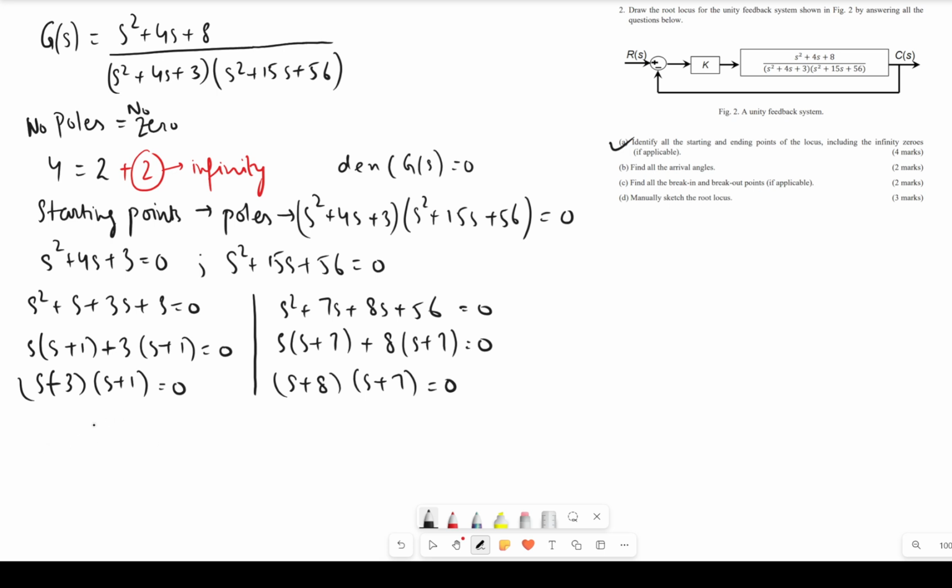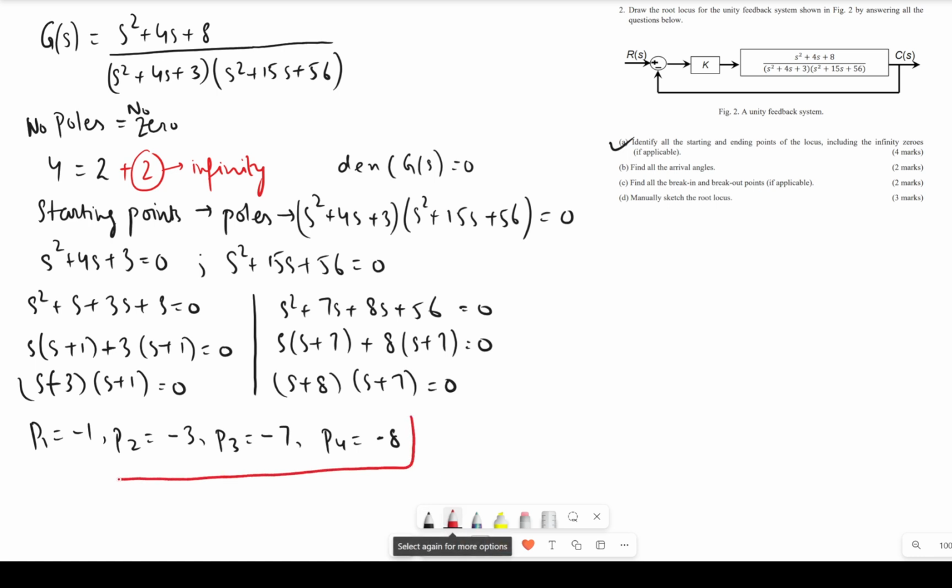So we have a total of 4 poles. That means our starting points are P1 equals -1, P2 equals -3, P3 equals -7, P4 equals -8. Hence these are our starting points.